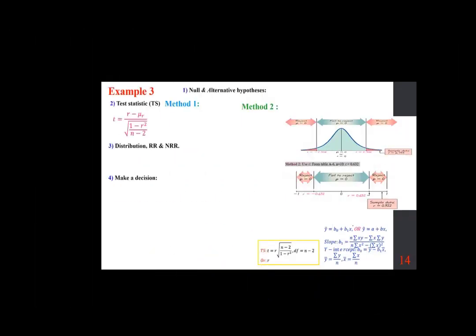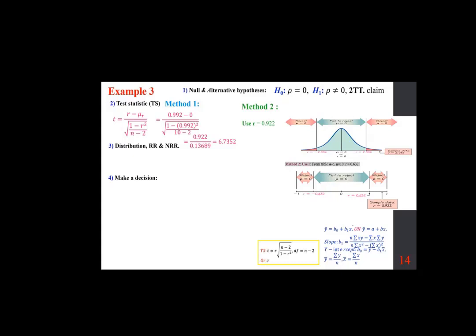So the first step is identical as before, we have H0 and H1, H0 rho equals 0, H1 rho is not 0, and that is a two-tailed test, that's a claim. And now you have to calculate the test statistic using the t-distribution. And for method 2 it is simply R, which is 0.922 from the previous page.